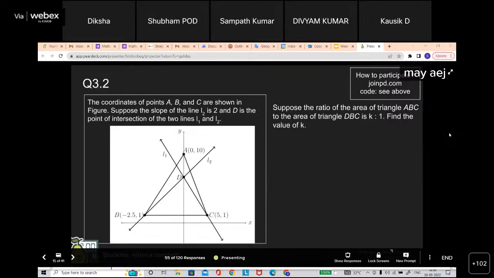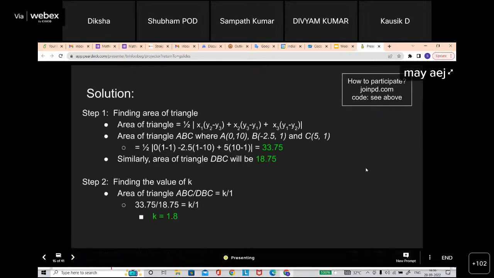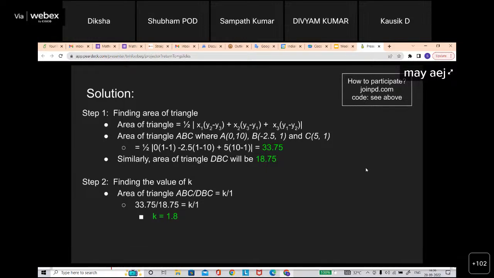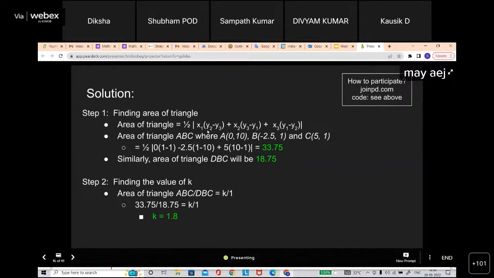Okay, so how will we go for this? So this is the solution. Find the area of the triangle, just use the formula. Here we didn't use the height base kind of thing, just the coordinates. The formula is 1 by 2 in mod x1 (y2 minus y3) plus x2 (y3 minus y1) plus x3 (y1 minus y2). So area of triangle ABC, we already have the points here.